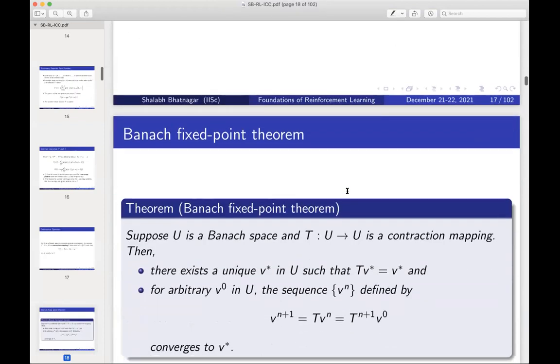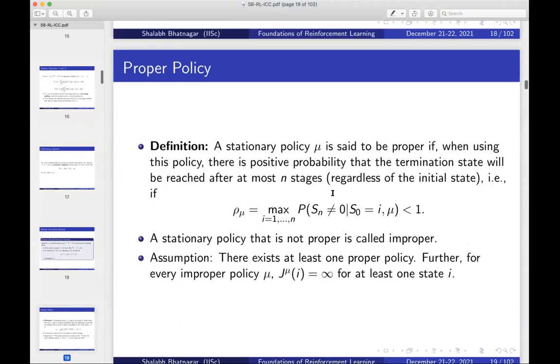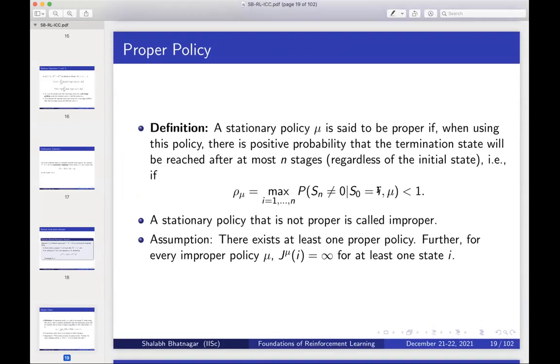See, the point is that suppose you are in any of these non-terminal states, and you ask the question, what is the probability of terminating from any of these states? So you start off in state i and continue to follow policy mu. Then the question is, what is the probability that you still have not terminated after n steps?